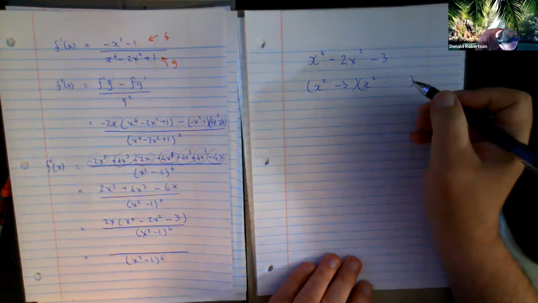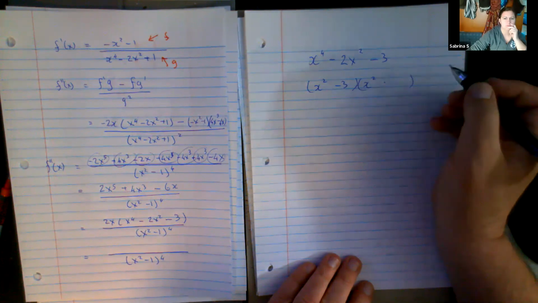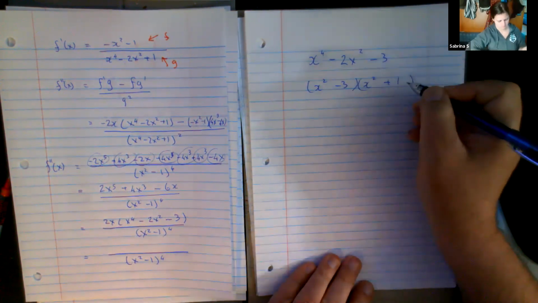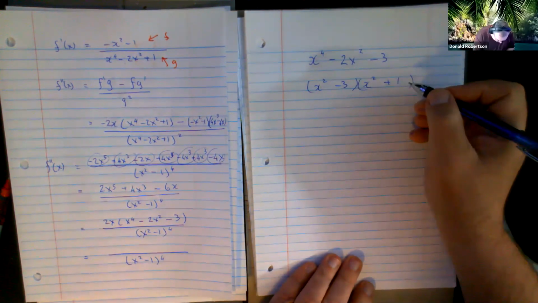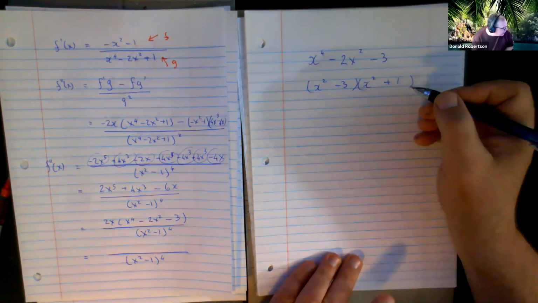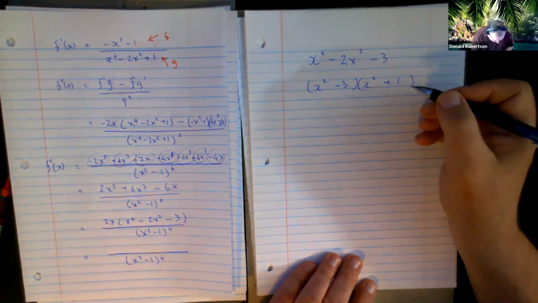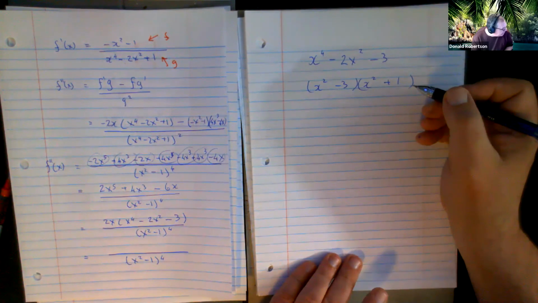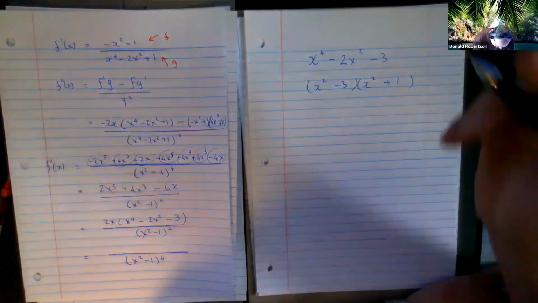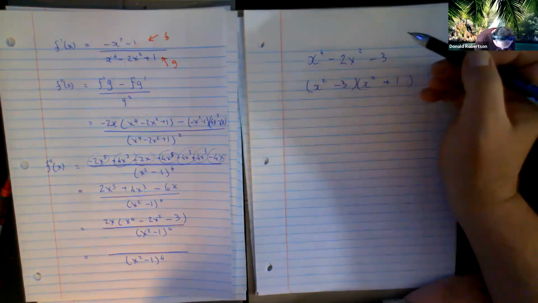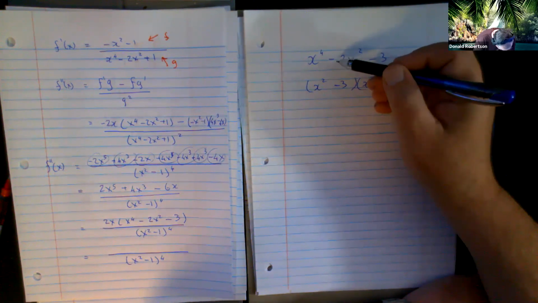Something's not right. Positive one? Something's not right. I know what I need, and I'm not getting it. That's what my problem is. I need this to be plus. I need this to be plus.